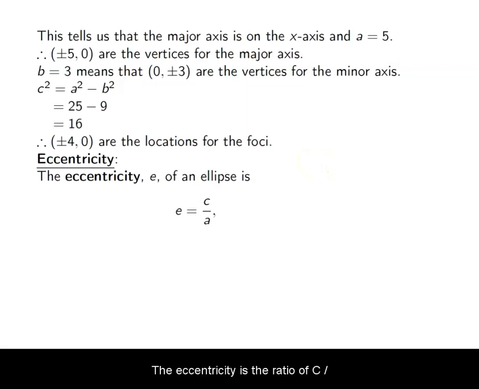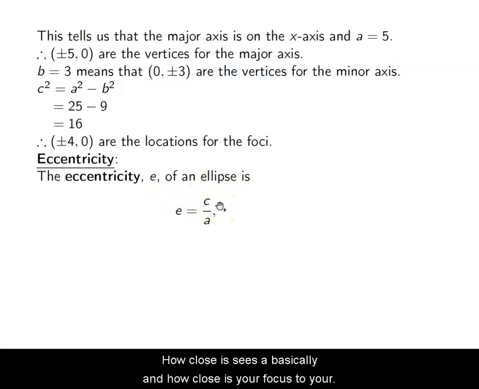The eccentricity is the ratio of C over A, or the location away from the center that the foci is, divided by the distance away that the major vertex is, right? So it's basically a relationship, right? How close is C to A, basically?